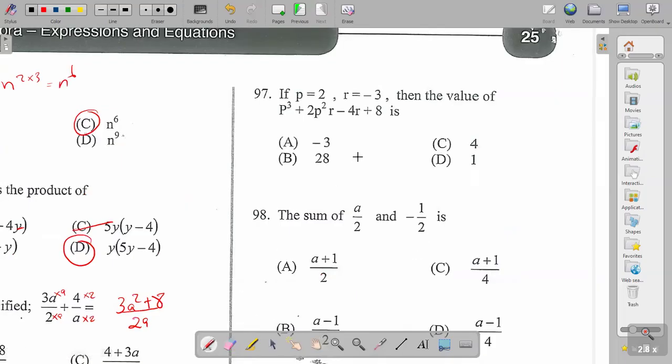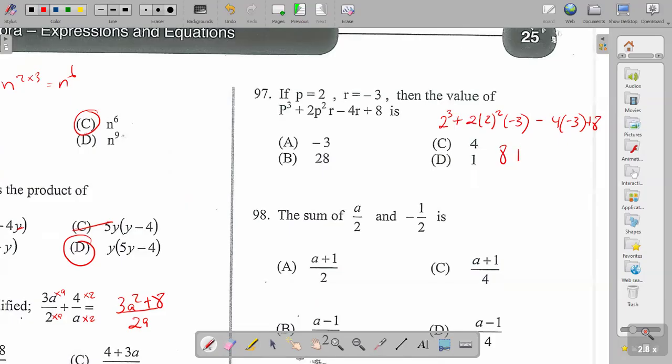Here's a substitution, a big one. So this would be 2 to the third power plus 2p, but it's not p, sorry. 2 times 2 to the second power times negative 3 minus 4 times negative 3 plus 8. 2 times 2 is 4, 4 times 2 is 8.